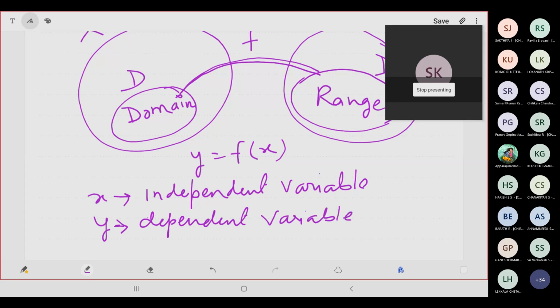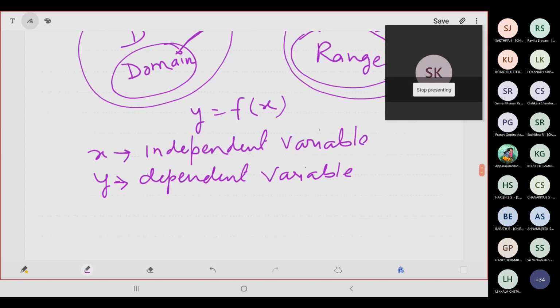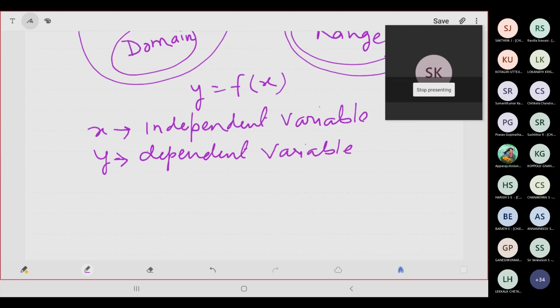Suppose we take a simple function, y is equal to x square. Here x is the independent variable and y is the dependent variable.